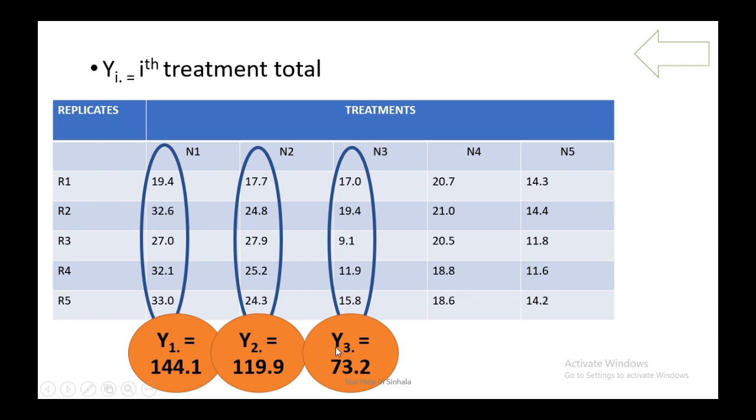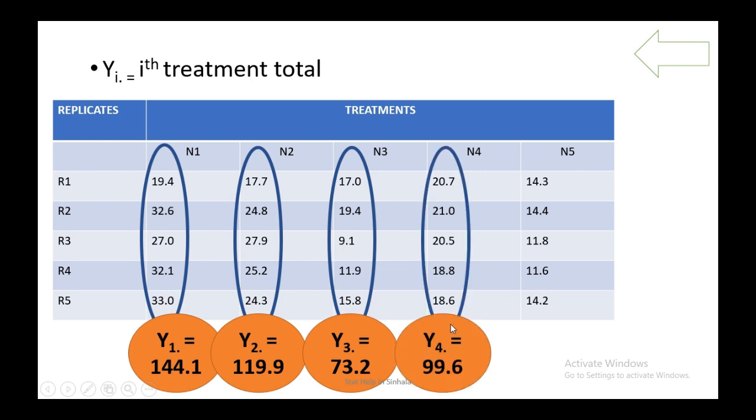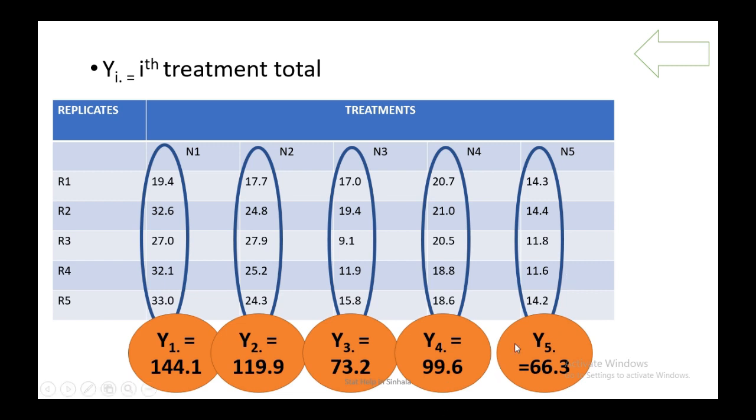To calculate Y3 dot, we get the summation of all the observations under N3 fertilizer. This is Y4 dot, the summation of the observations of N4 fertilizer. This is Y5 dot, the summation of all the observations under N5 treatment.